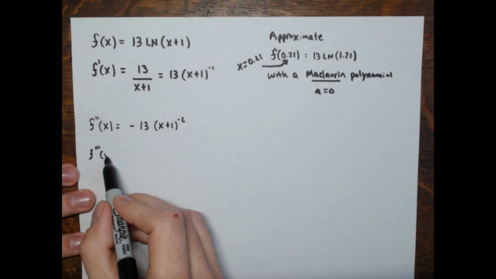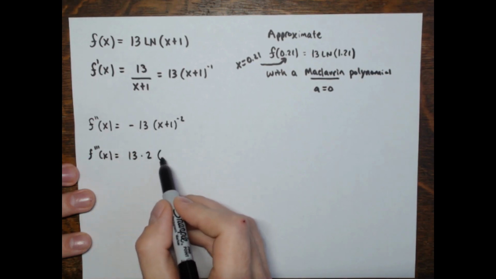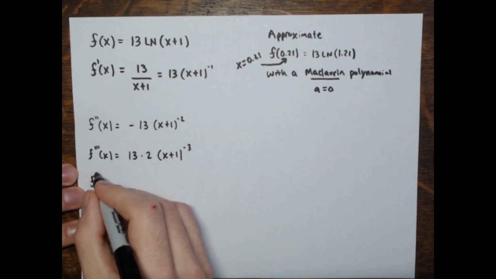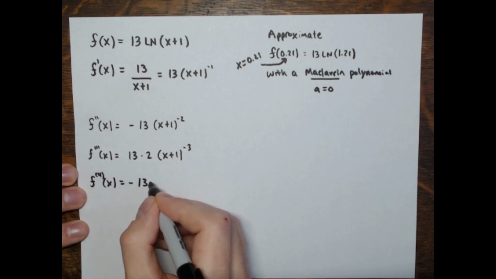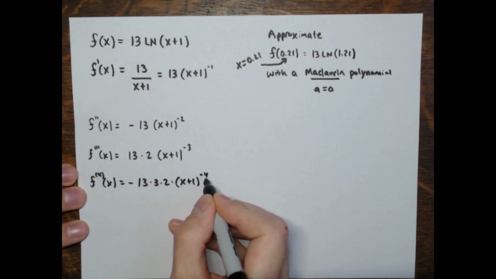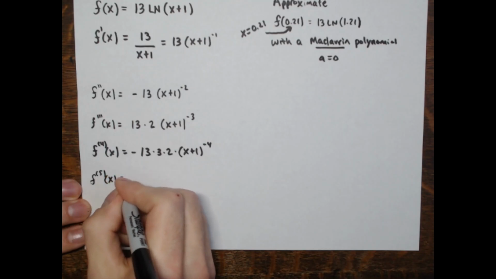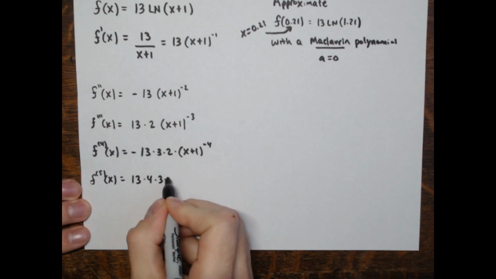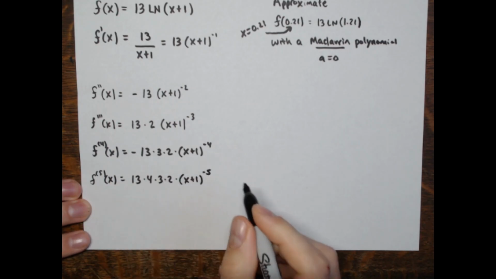Third derivative would be positive 13 times 2 times x plus 1 to the negative 3. And fourth derivative would be negative 13 times 3 times 2 times x plus 1 to the negative 4. And I'll just do the fifth derivative. Why not? But hopefully you see a pattern here. It would be positive 13 times 4 times 3 times 2 times x plus 1 to the negative 5, right?